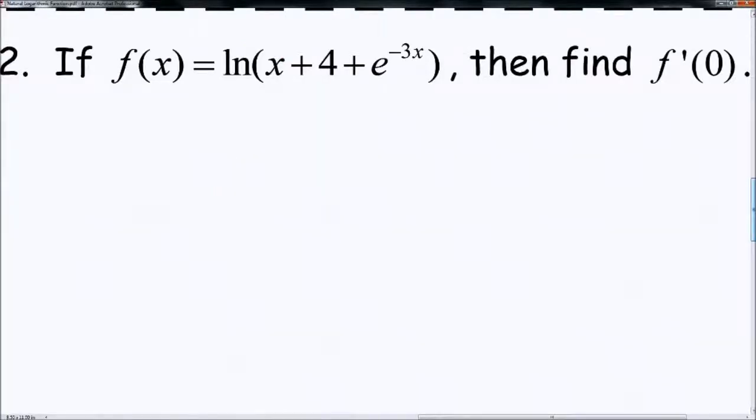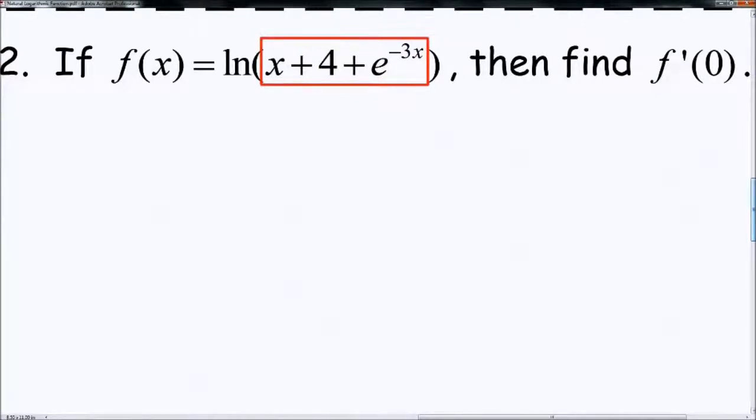Number 2, if f of x is equal to ln of x plus 4 plus e to the negative 3x, then find f prime of 0. Again, I'm going to create a box around what ln is, so it's ln of x plus 4 plus e to the negative 3x.